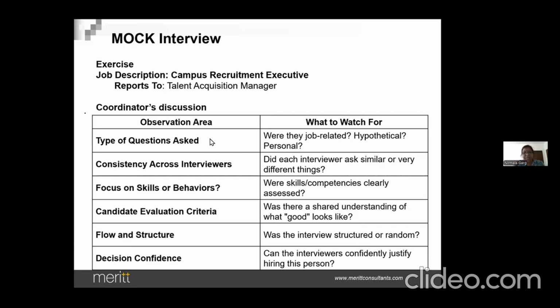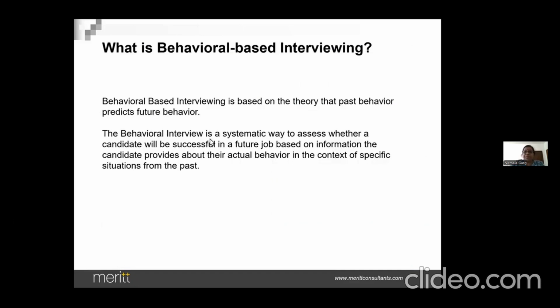So let us look at what this behavioral event interviewing is and how we go about it. What is at the core of it? Many times, a lot of people think, oh my God, what is this interview? I think it's very, very important.